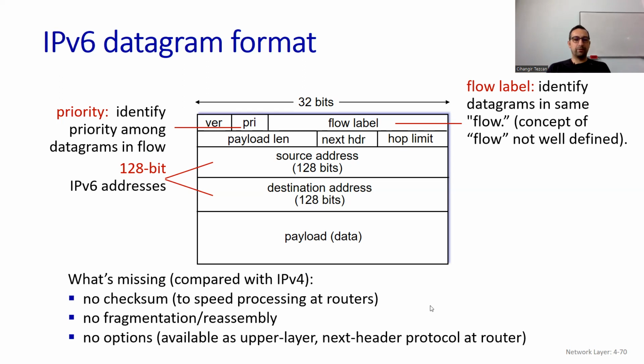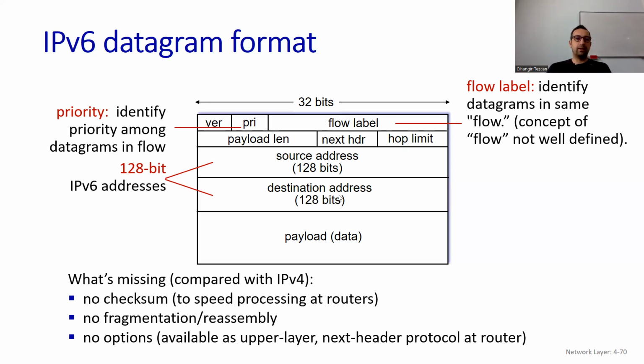What is missing compared to version 4? No checksum to speed processing at routers. As I mentioned, since every router modifies the time to live, they also have to recompute the checksum. No fragmentation reassembly.